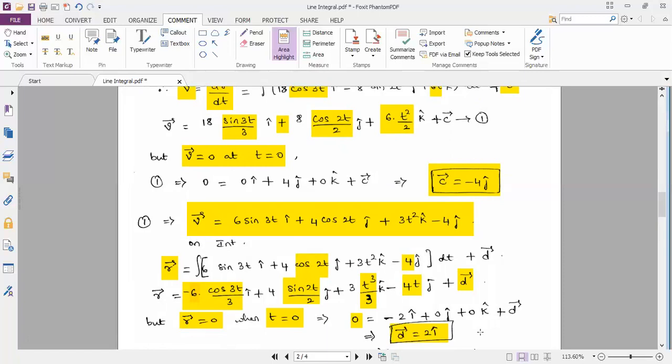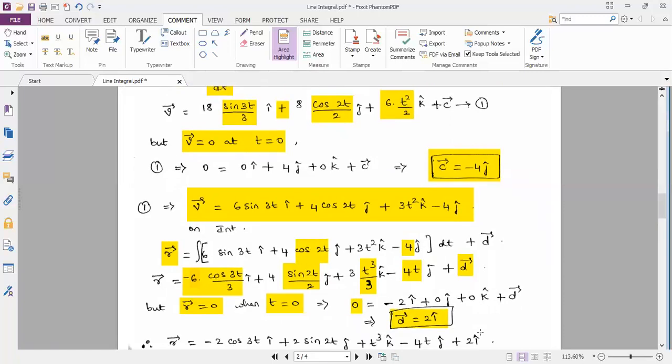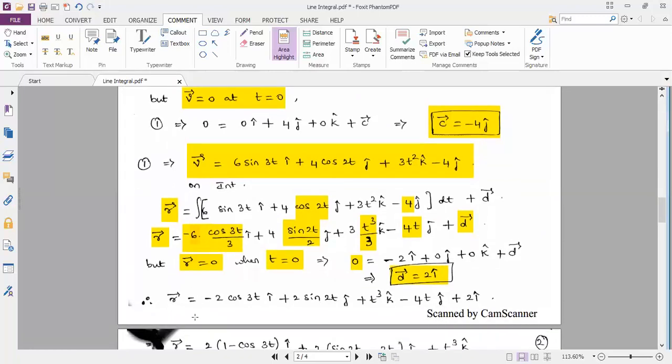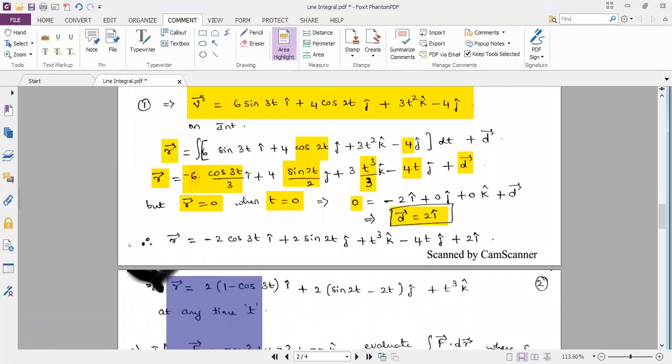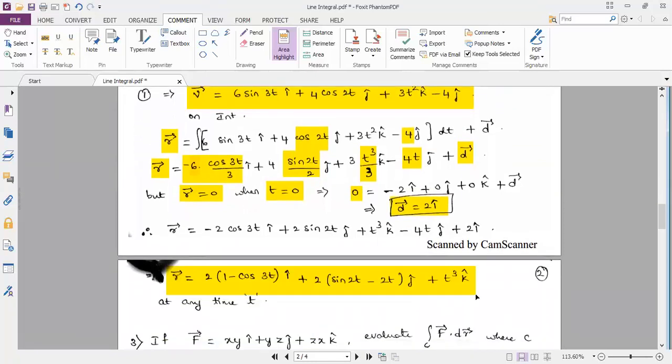The constant vector d is equal to 2i. Substituting d in the position vector expression, that is r, we obtain the vector r at any time t. So this is the expression for vector r at any time t after grouping the terms of the i component and the j component.